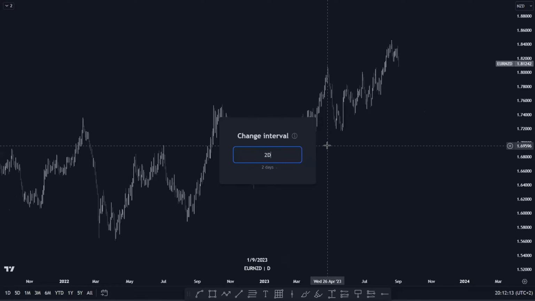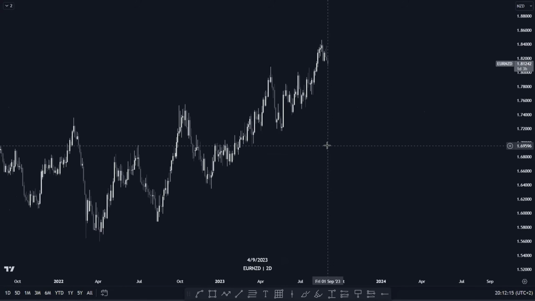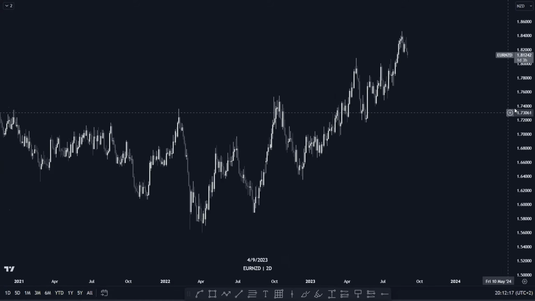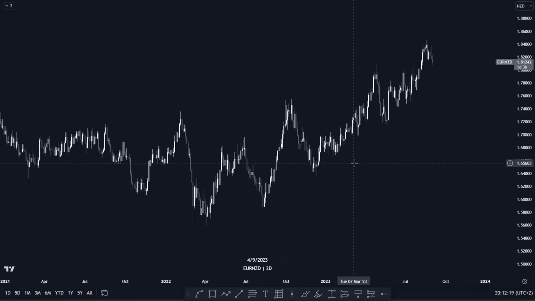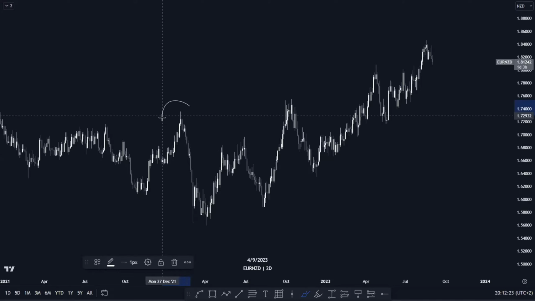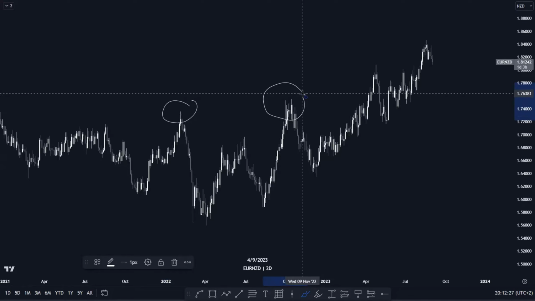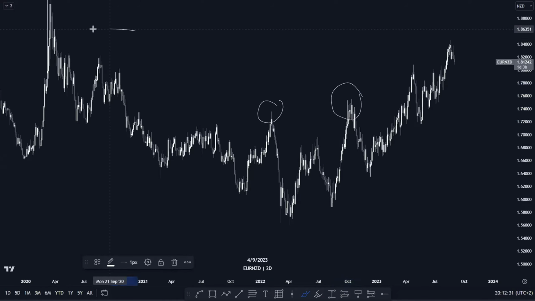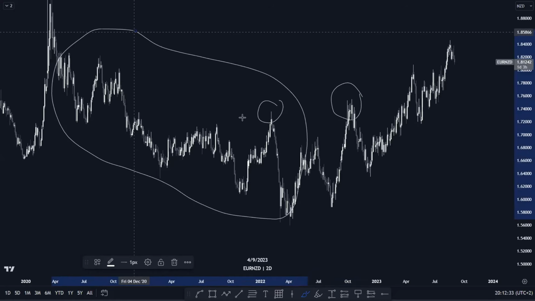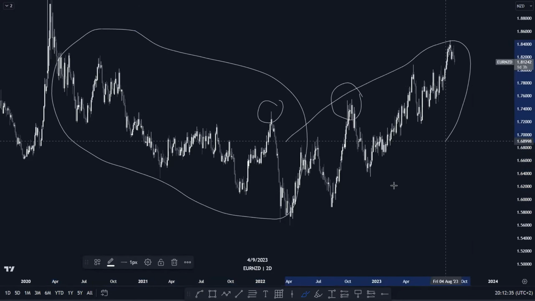We can also see that our previous lower high was violated by this high here, meaning that we moved from this bearish structure to this bullish structure.